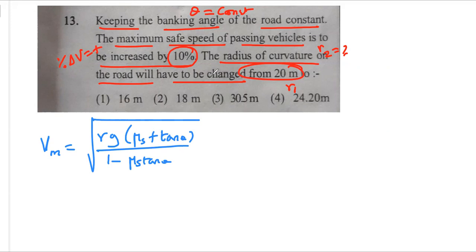Here theta is constant, including g. Everything else is constant, mu has not changed, nothing has changed. So focus on the proportionality. Vmax is proportional to root R.